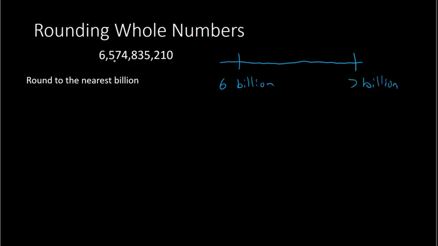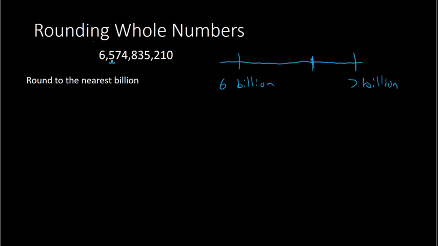And then this number, 6,574,835,210, the question is which billion is it closer to? Is it closer to the 6 or the 7? Well, it would be somewhere around here, which is a little past half. And I know it's past half because I can look at this number right here. Whenever I round to a particular place value, I look at the number before it. So if I round to the nearest billion, billion would be the 6.